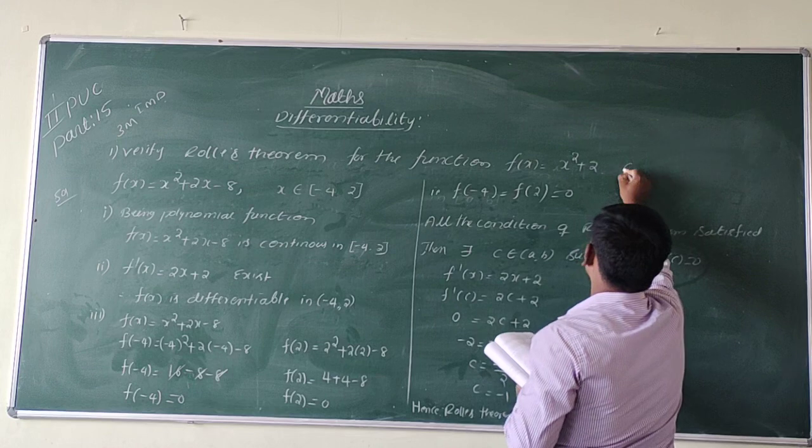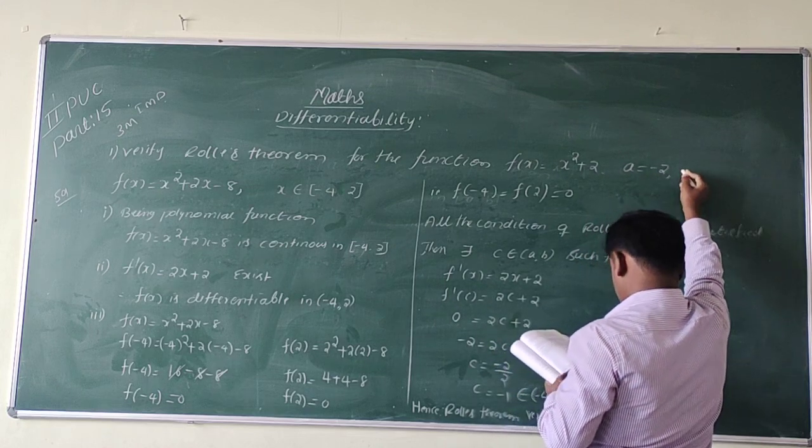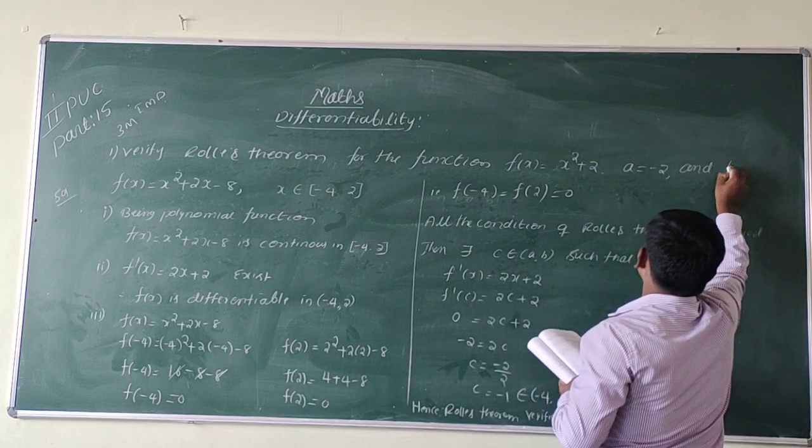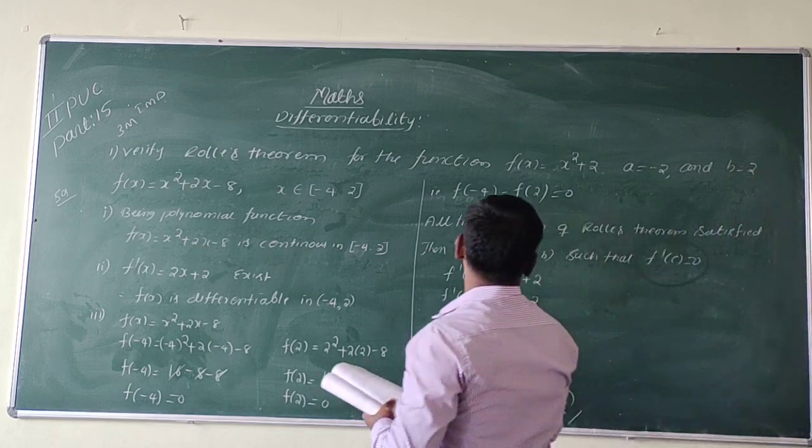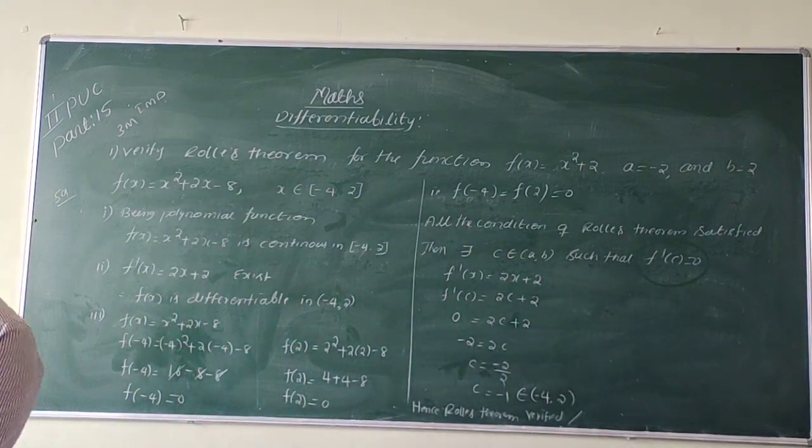So a is equal to minus 2 and b is equal to 2. Okay.